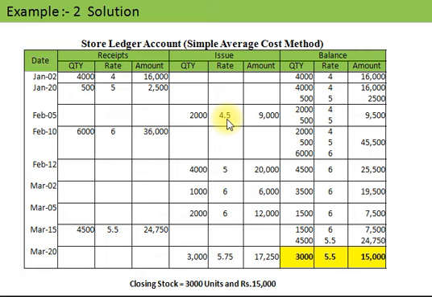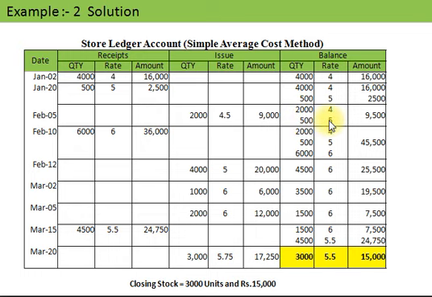And how to calculate the simple average for these 2000 units? Here we have two rates, 4 and 5. So our simple average would be 4 plus 5 divided by 2, and the rate of 2000 units comes to 4.5 rupees per unit, and our total amount is 9000. So balance quantity by the end of day, 2000 at rupees 4 and 500 at rupees 5 per unit.